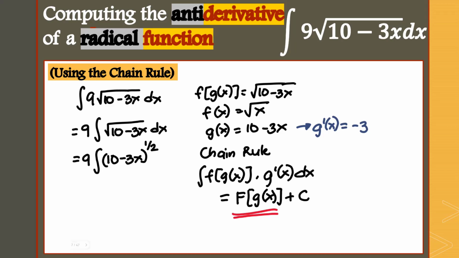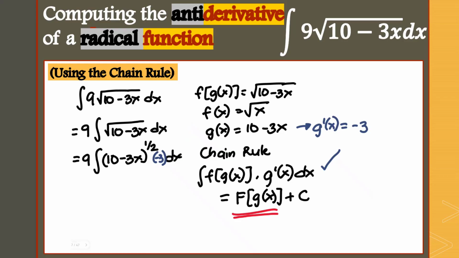Now, to make sure that the chain rule is applicable in solving this, we'll be introducing here the factor of negative 3. Not minus 3, but a factor, so times negative 3. So that this would be applicable now. But since we multiplied the inner forms by negative 3, it's not the same as the original because 9 is still there.